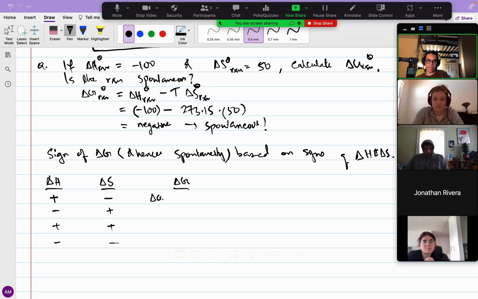Just by plugging in the signs as opposed to numbers. Remember that this is delta H minus T delta S. Okay, so delta H is a positive value, and then minus, what is Kelvin temperature? Positive or negative?